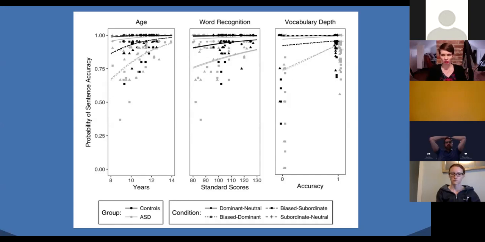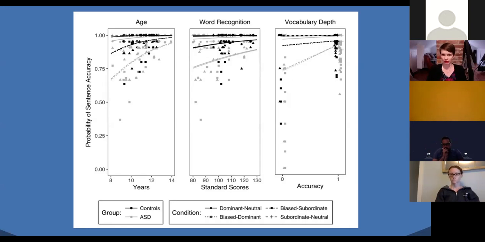And then we looked at a measure of vocabulary depth, which I'm not going to go into the details of, but was essentially a measure of whether or not they understood both of the ambiguous meanings of the words. And we only used words with 2 ambiguous meanings. So, that also was a predictor.